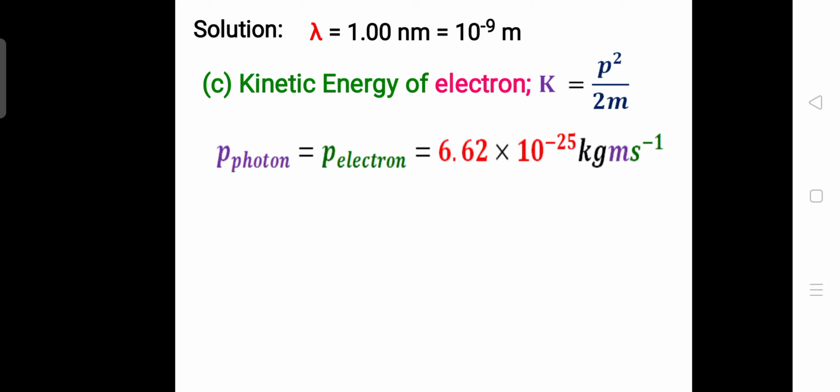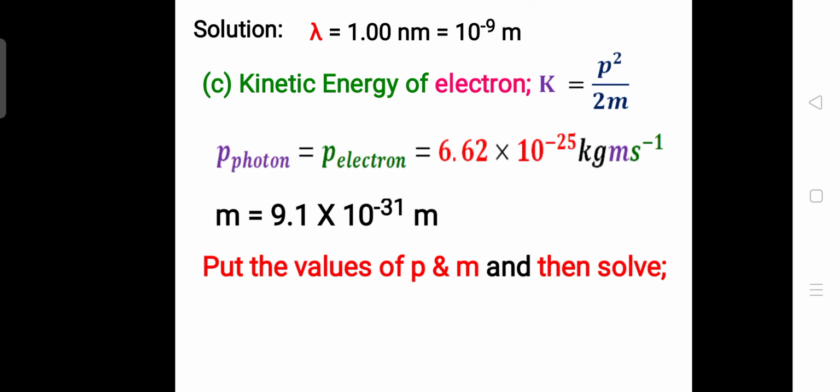Next, C part, kinetic energy of electron. What is the formula of kinetic energy in terms of momentum? K is equal to P square upon 2m. Here wavelength is given, but P we have already calculated in part 1. So P is equal to 6.62 into 10 raised to power minus 25, and 2m, where m is the mass of electron, that is 9.1 into 10 raised to power minus 31 kg.